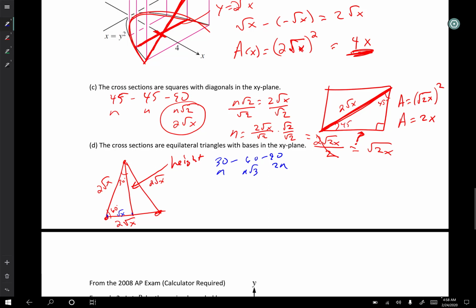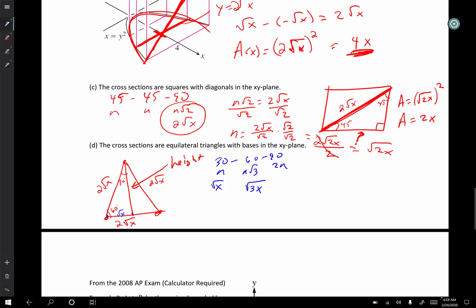So that square root of x is the small leg, and to get the long leg, which is the height, sorry, it's going to be this square root of x times square root of 3. So I'm going to have square root of 3x. Does that make sense, guys? All I did was take square root of x and multiply by square root of 3.